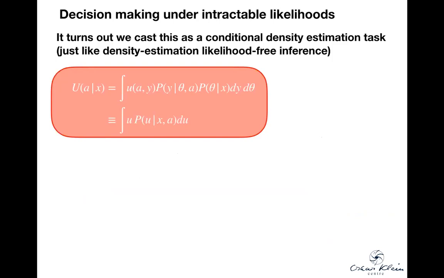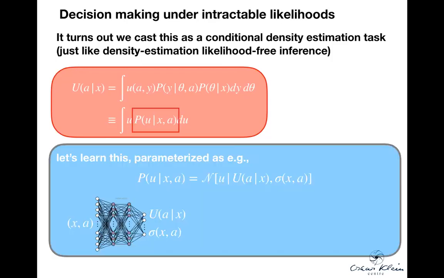So this P of U given our observations and action is a distribution that exists and we can simulate from it, but we don't know what it is and we care about its expectation. So what we're going to do is say, okay, let's learn this thing. Let's do forward simulations and let's do conditional density estimation to learn this thing.